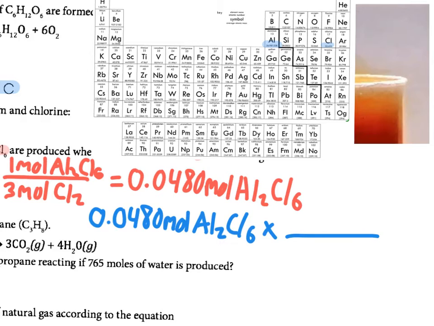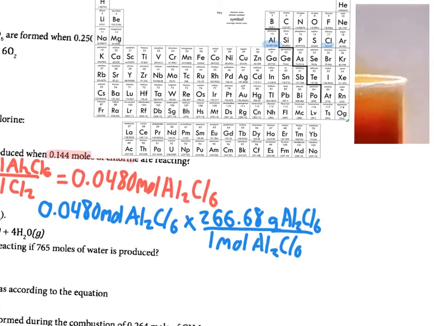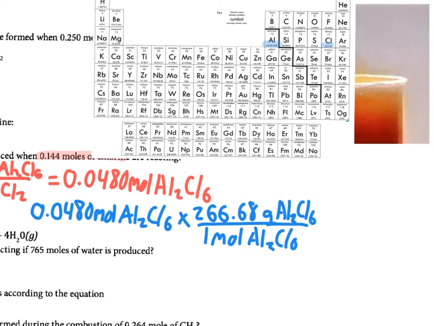And that molar mass calculates out to be 266.68, and that would be grams of Al2Cl6 over 1 mole Al2Cl6. So that's my molar mass. I set that up again, my units cancel, and I'll be left with the mass quantity of Al2Cl6. So I get an answer of 12.8 grams, and that of course is grams of my Al2Cl6.